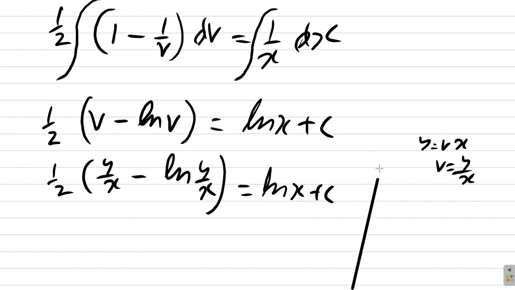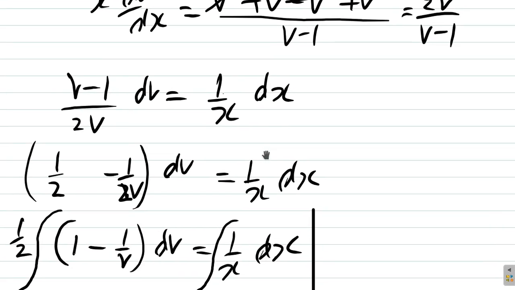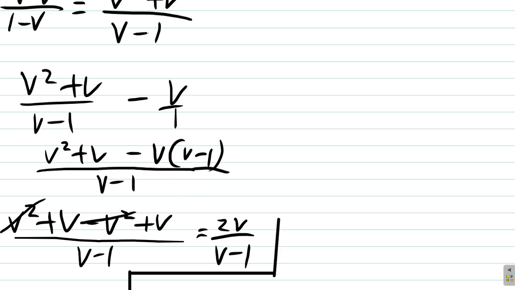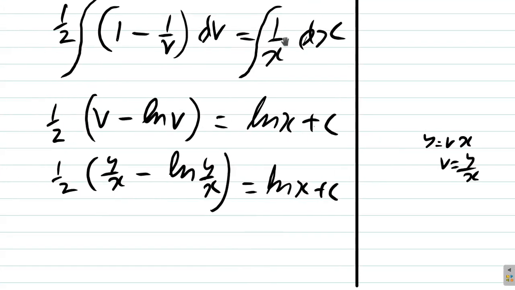We run out of space when it comes to scrolling down, so let's draw a line here to separate the work and continue working over here. Alright, so what do we have here?